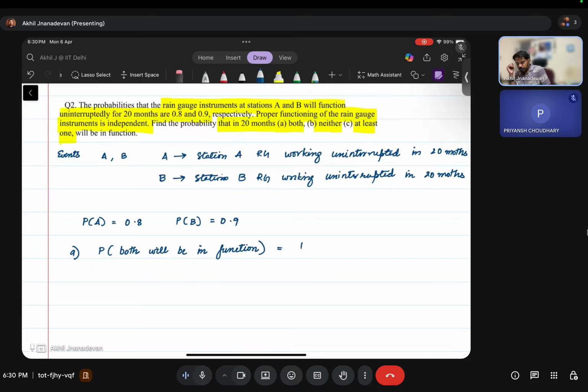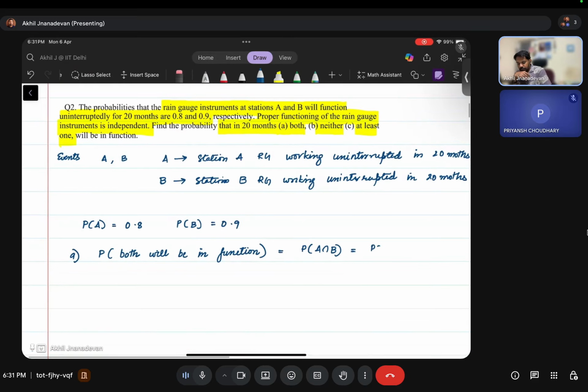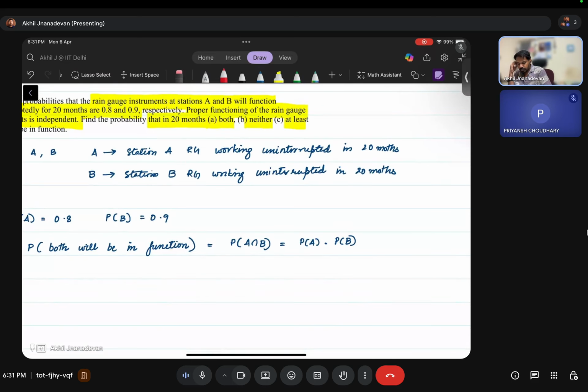That will be P of A intersection B, since A and B should both function. Here we apply a property: if two events are independent, then P of A intersection B is given by P of A into P of B. This is applicable only when the two events are independent.